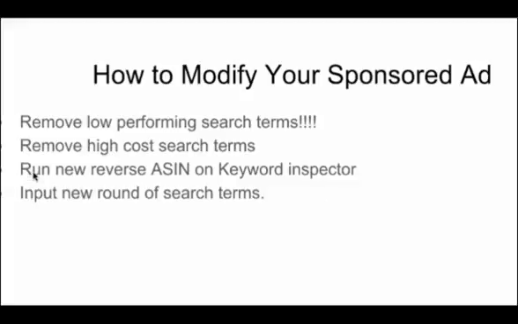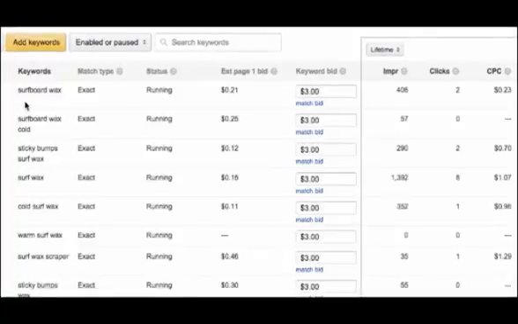Next, what I do is I run a new reverse ASIN on Keyword Inspector. Remember, that's where we got a lot of our first search terms. What I'll do is find a new possible product. So let's say I'm going to go with the word surfboard wax.